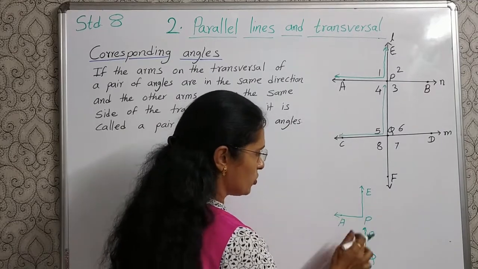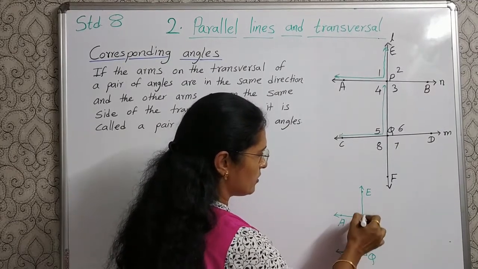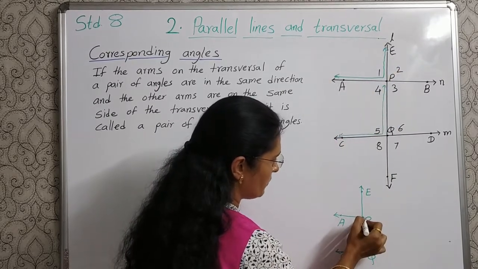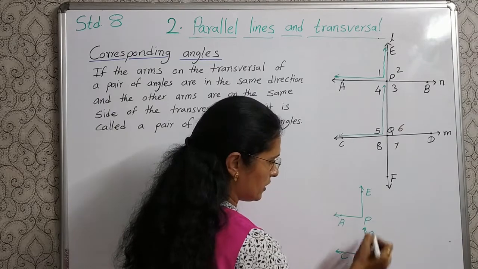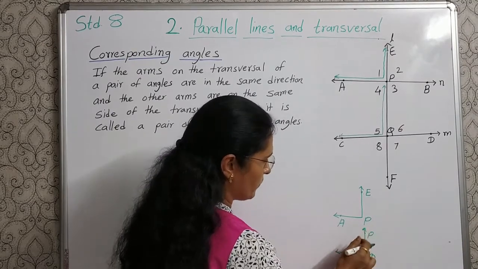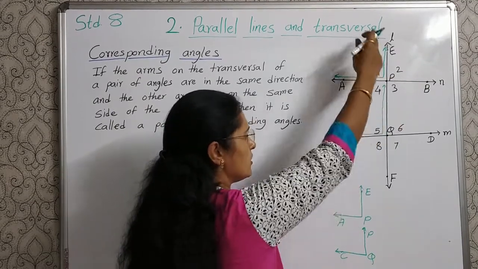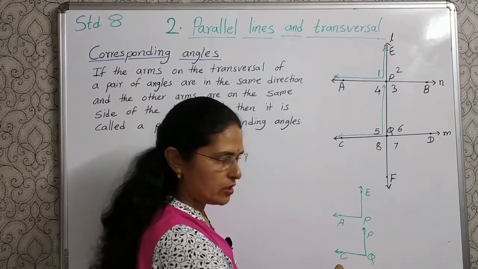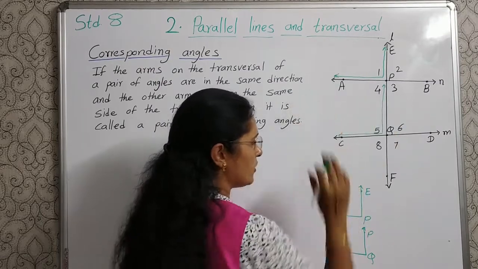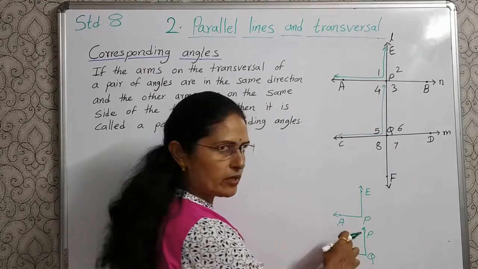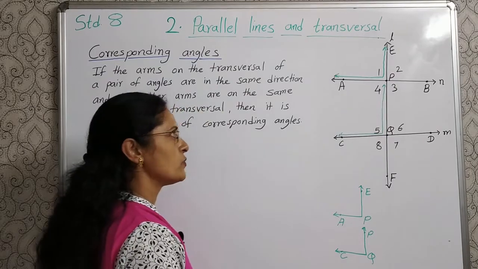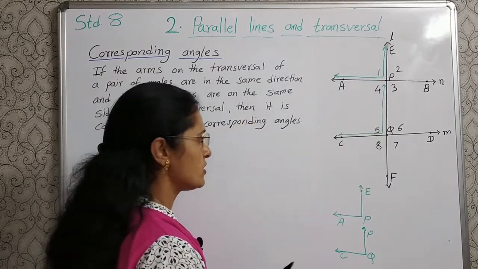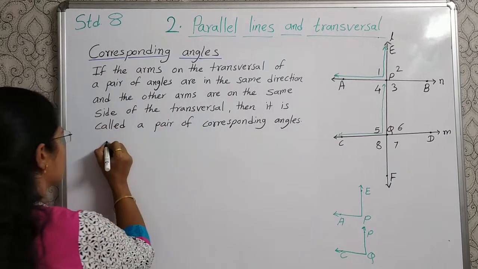So these two angles have their one arm on the transversal, these two arms ray PE and ray QP are in the upward direction, and the other arms PA and QC are on one side of the transversal. So these two angles form a pair of corresponding angles.